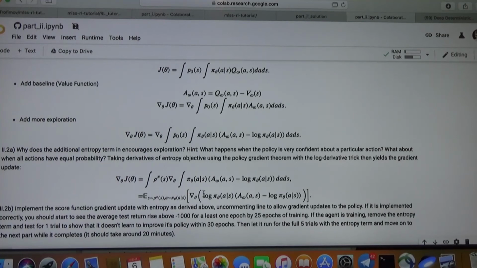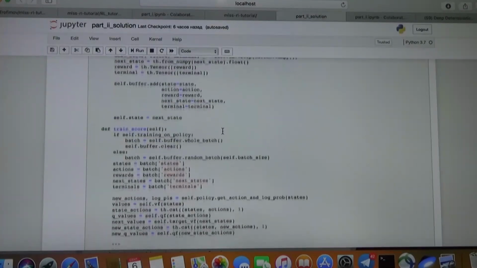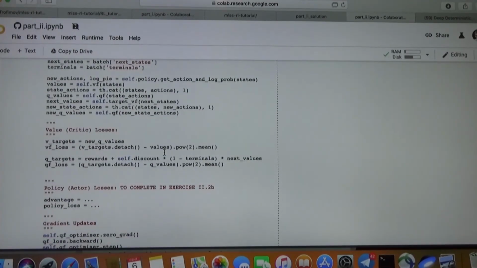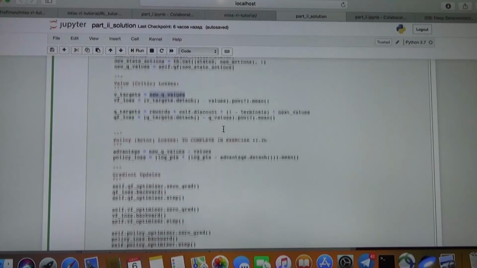Okay, so we just need to transform this last equation to PyTorch code. Okay, so here is the solution. Oh, it is not the solution.